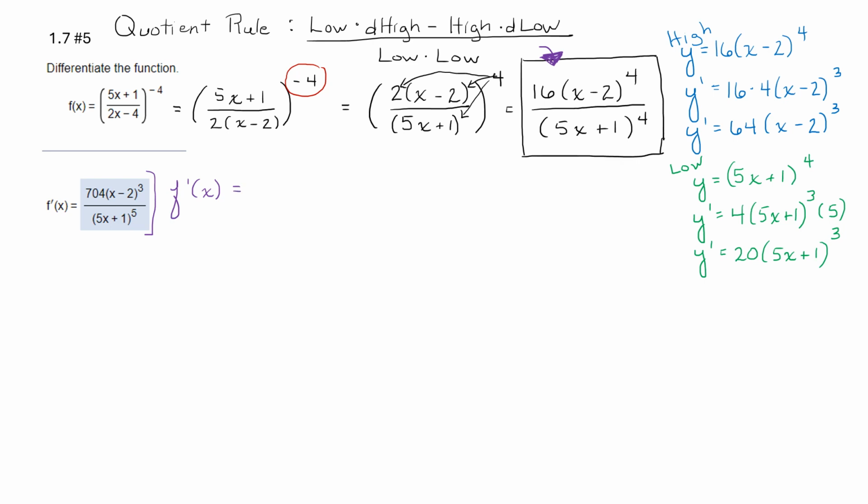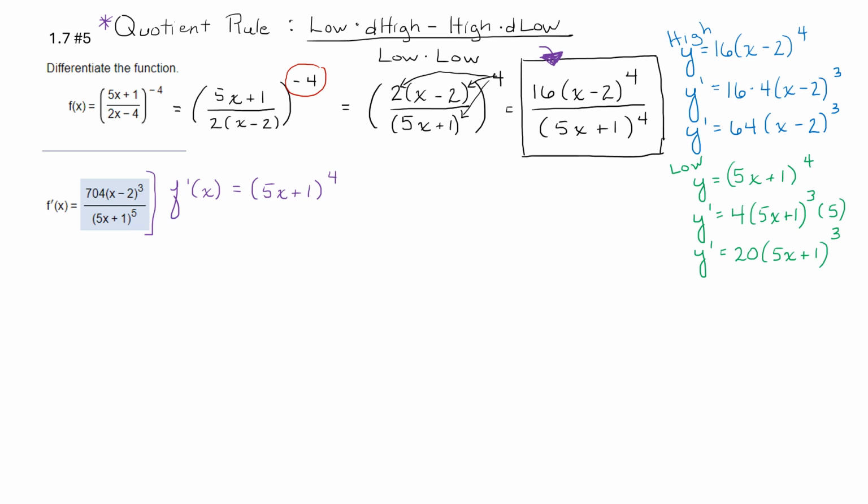And we're going to be following this quotient rule. So the low is 5x plus 1 to the fourth times the derivative of the high.